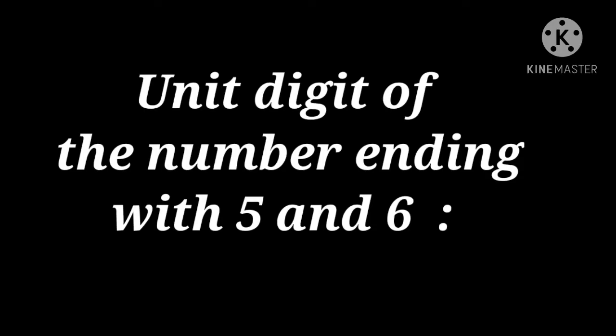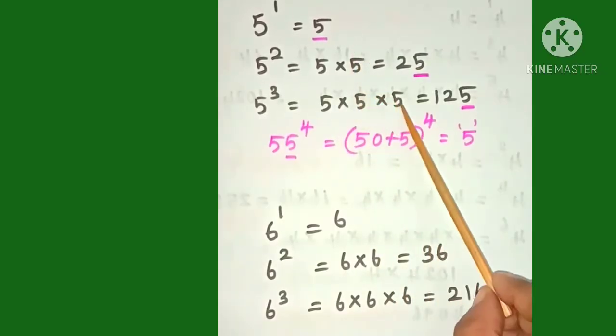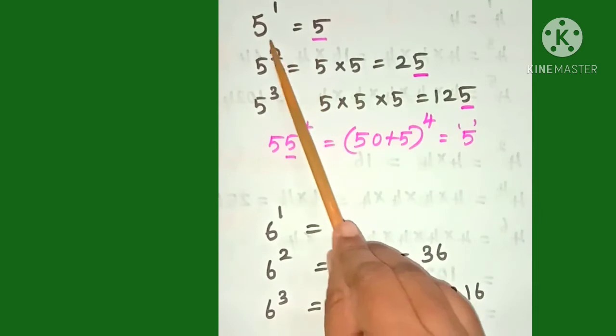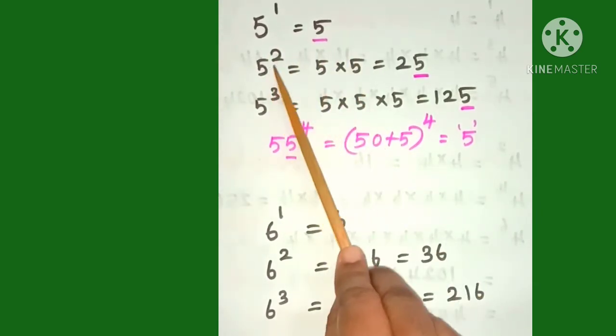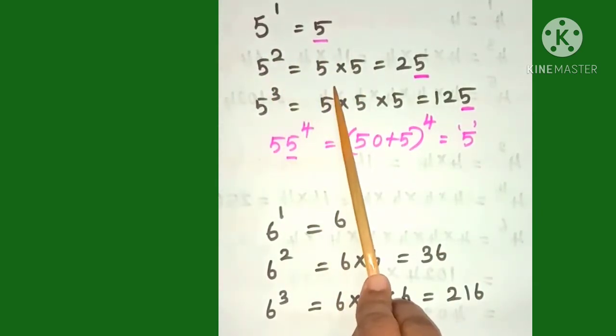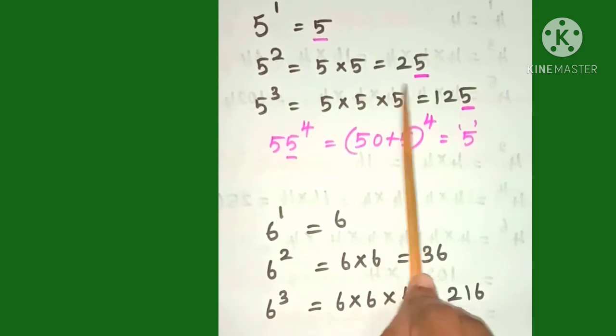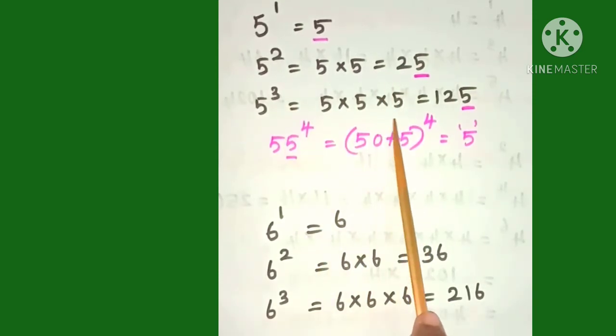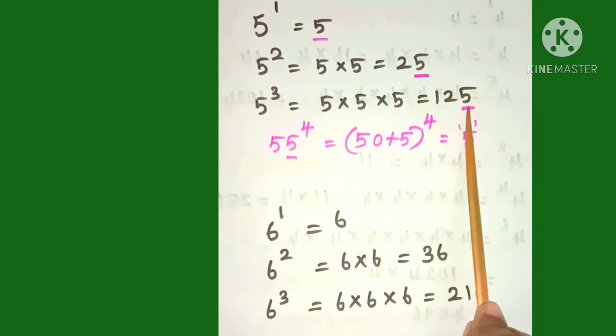Unit digit of a number ending with 5 and 6. Students, observe the following pattern. Here 5 power 1 is 5. 5 square, we can expand as 5 into 5, which is 25. 5 cube as 5 into 5 into 5, which is 125.